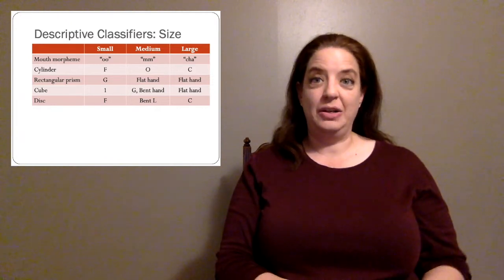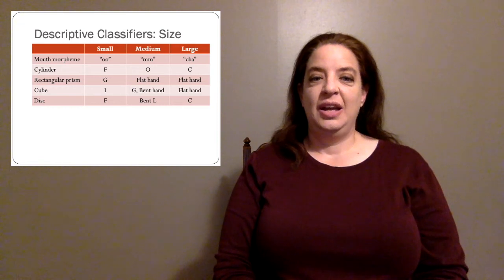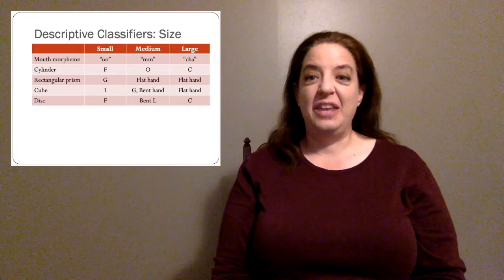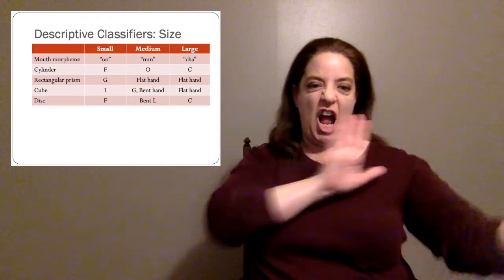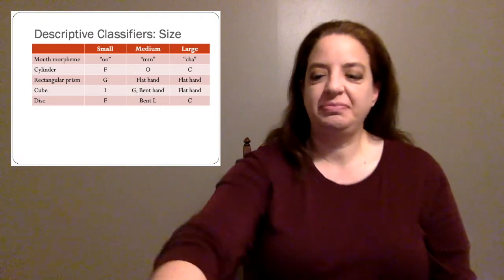So a small one might look like this. If it's bigger, it might look like this, and if it's huge, it might look like this, like if you're talking about an air conditioning conduit or something.